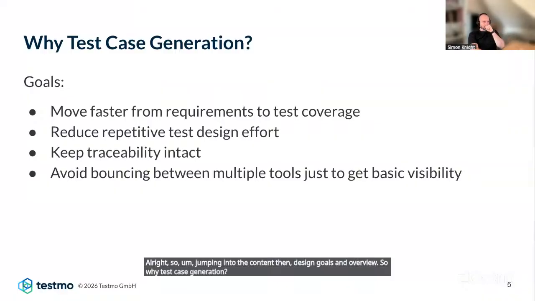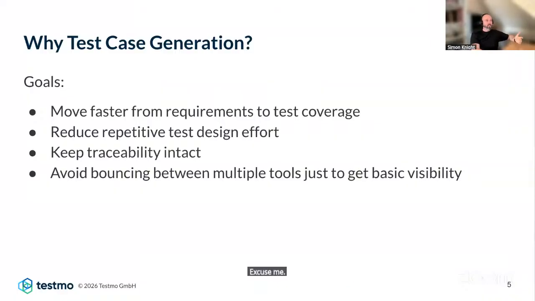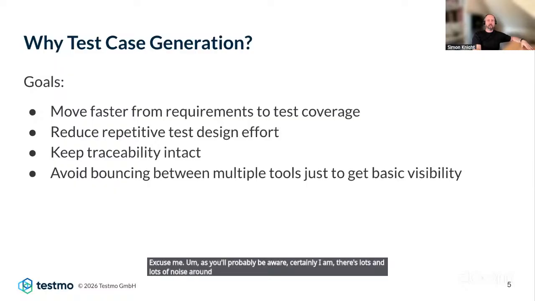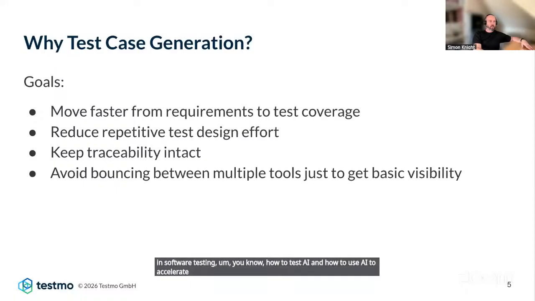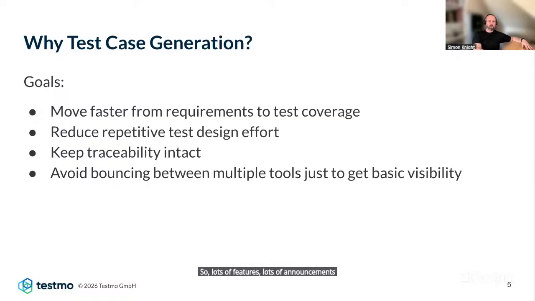Well, as you'll probably be aware, certainly I am, there's lots and lots of noise around AI at the moment, and the same amount of noise I would guess in terms of AI in software testing, how to test AI and how to use AI to accelerate and optimize your testing activities. So lots of features, lots of announcements, lots of noise.